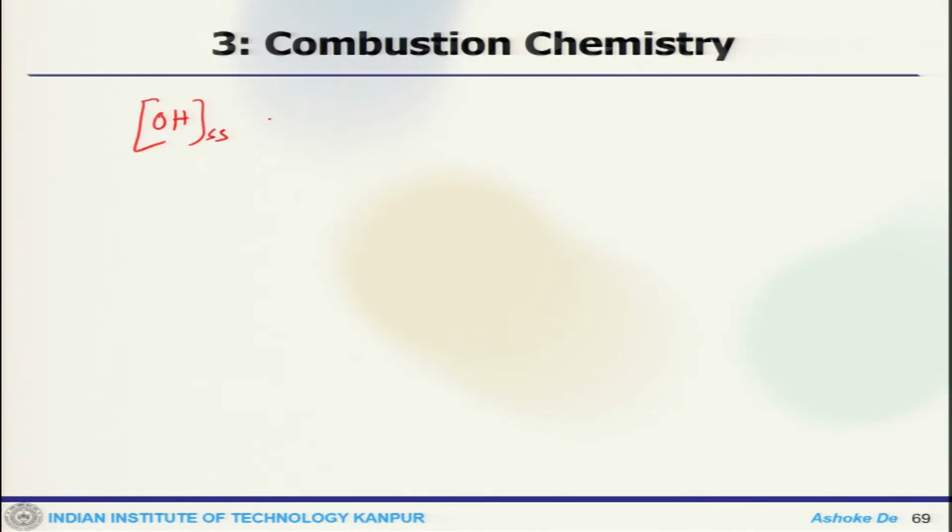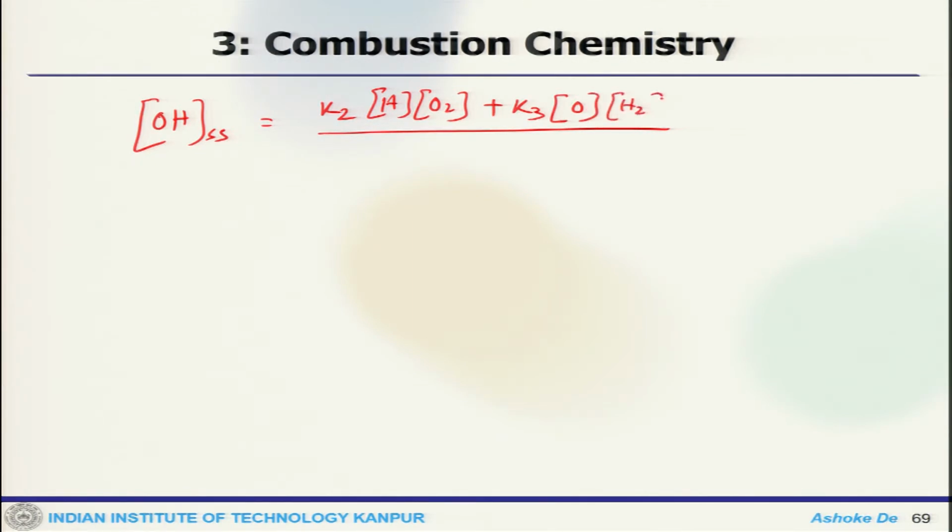OH at steady state is (k2 H O2 plus k3 O H2) divided by k1 H2.